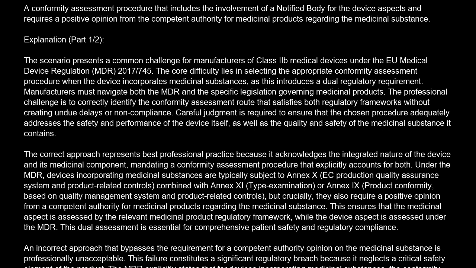But crucially, they also require a positive opinion from a competent authority for medicinal products regarding the medicinal substance. This ensures that the medicinal aspect is assessed by the relevant medicinal product regulatory framework, while the device aspect is assessed under the MDR. This dual assessment is essential for comprehensive patient safety and regulatory compliance.